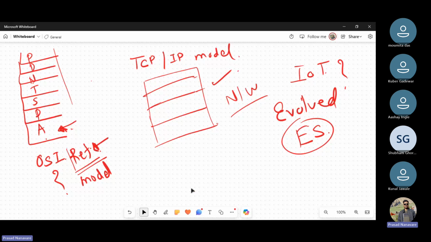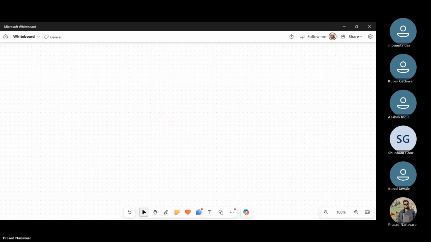So let's study the basic architecture of IoT. We basically have a layered architecture here, and that is why I asked you about OSI and TCP/IP.